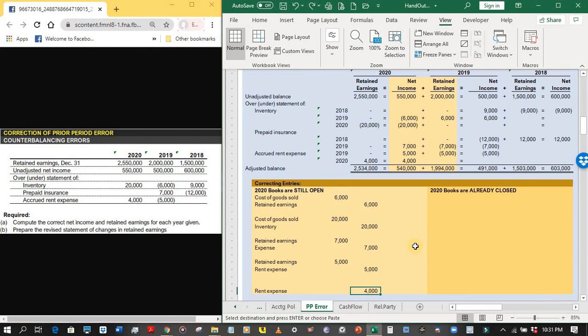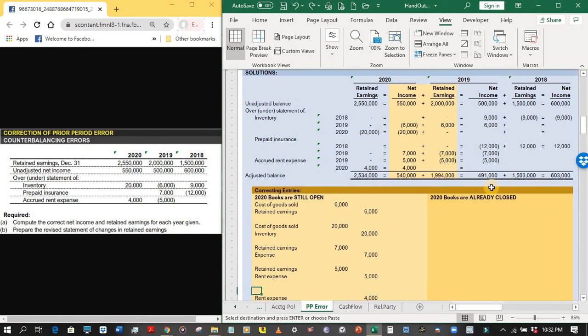Then, the account to be debited, of course, is not retained earnings because there is no adjustment in the retained earnings column. Instead, the account to be debited is accrued rent expense for 4,000 pesos because the accrued rent expense at the end of 2020 is overstated. Again, accrued rent expense is a liability account. Then this liability will appear in the statement of financial position as of December 31, 2020. And if not corrected, the accrued rent expense that will appear in the statement of financial position is overstated.